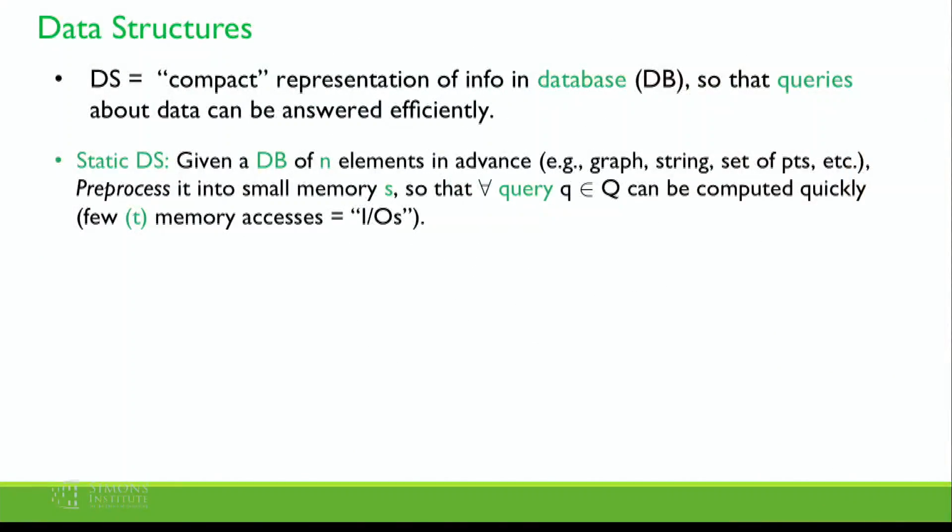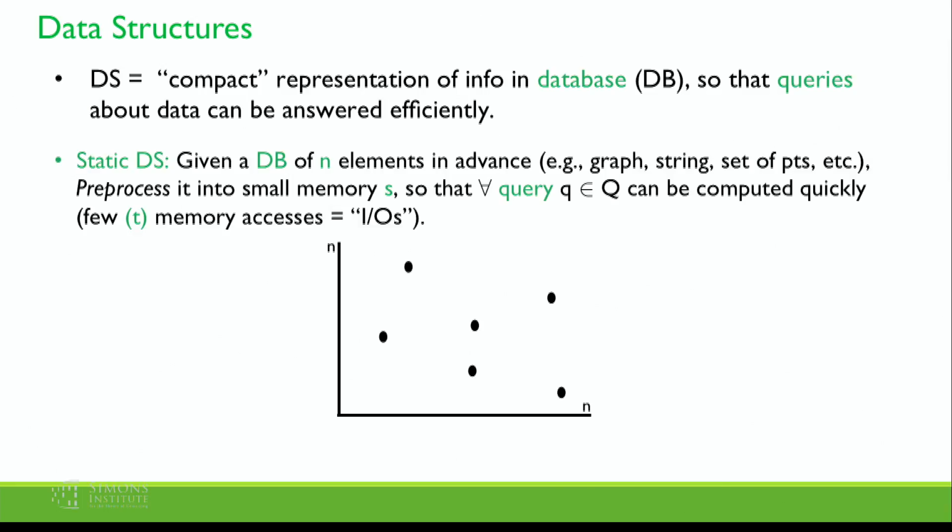You need to preprocess this data in advance into cheap memory, S memory cells, such that each query from a predefined set of Q queries, so let's say n-cubed queries, needs to be answered by few memory accesses, with few IOs.